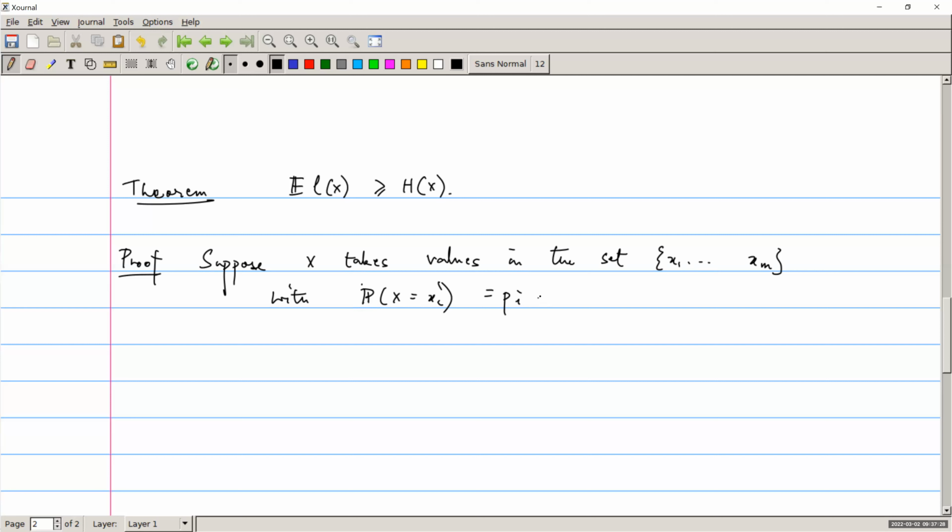Suppose x takes values in the set x1 through xn. The probability of observing any particular symbol xi in this set is pi. Then the expected length of the encoding of x is the summation.